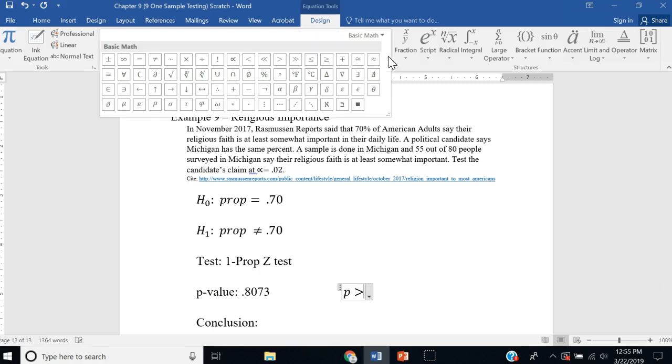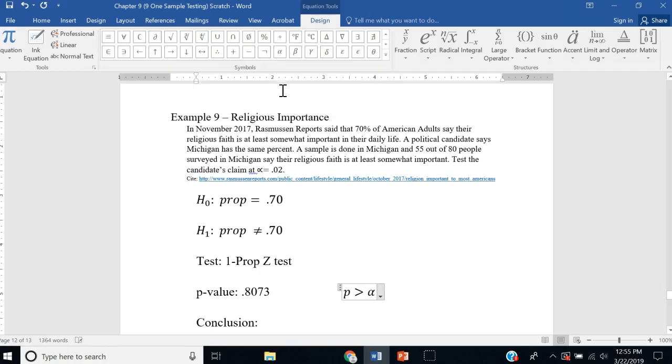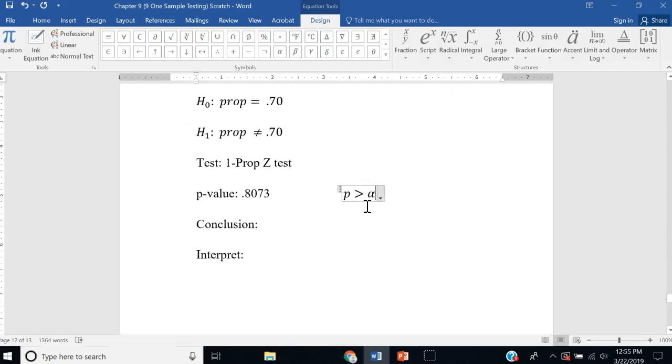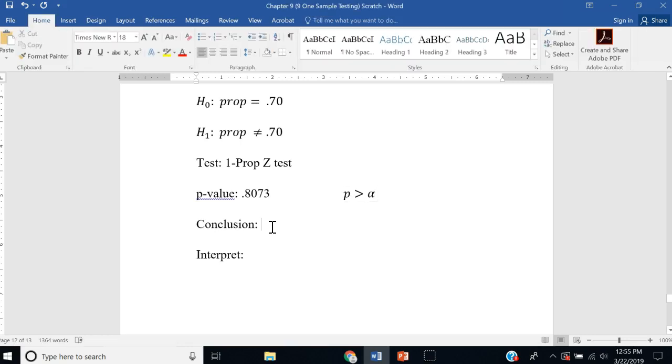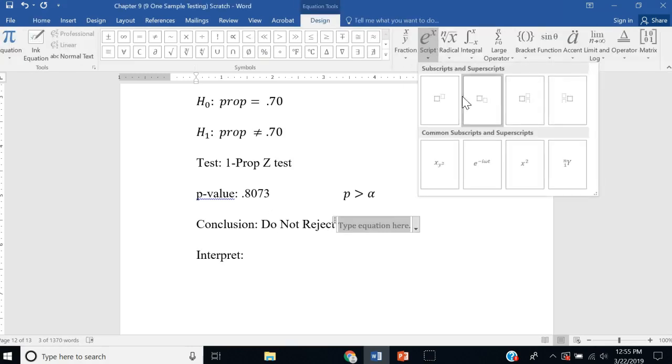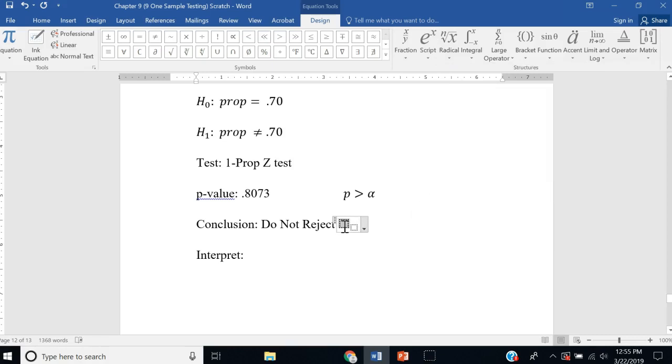And all we care about is if the p-value is bigger than alpha. 0.80 is definitely bigger than 0.02. So because the p-value is bigger than alpha, we do not reject the null hypothesis. Do not reject H0.